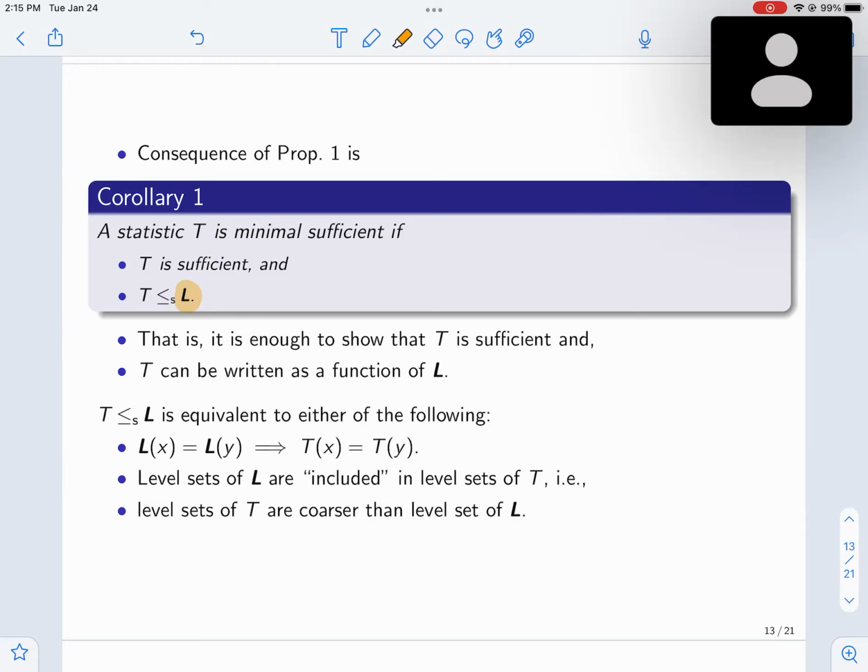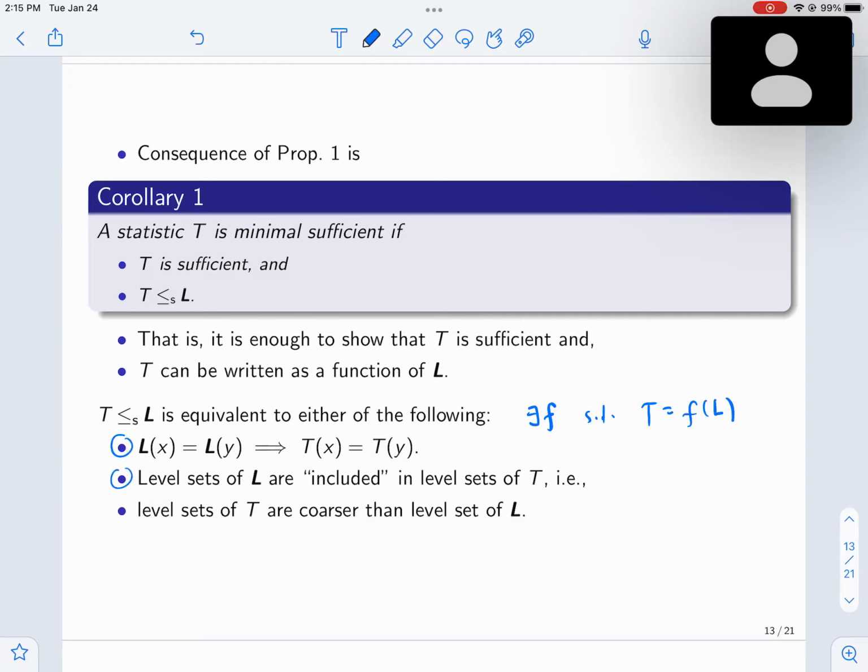So T less than or equal to S, if you ignore the almost everywhere business, is saying that there exists a function f such that T can be written as f of L. Okay, so this requires you to show a function. I can sort of eliminate the function here because I don't care about the actual function. I just want one function to exist. So the existence of a function such that this holds can be equivalently written as these bullet points.